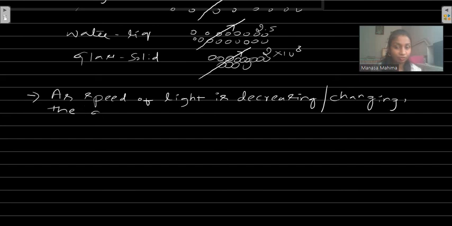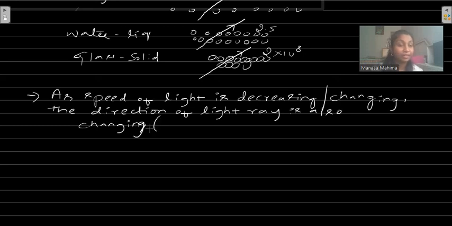The direction of the light ray is also changing, or else you can write there you will see the bending of light ray. As speed of light is decreasing or changing, automatically the direction of the light ray is also changing, or you will see the bending of light ray.